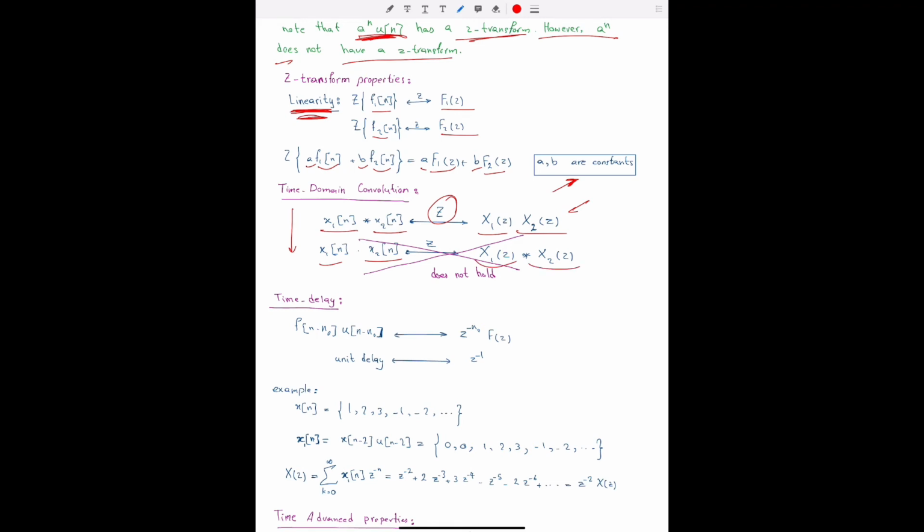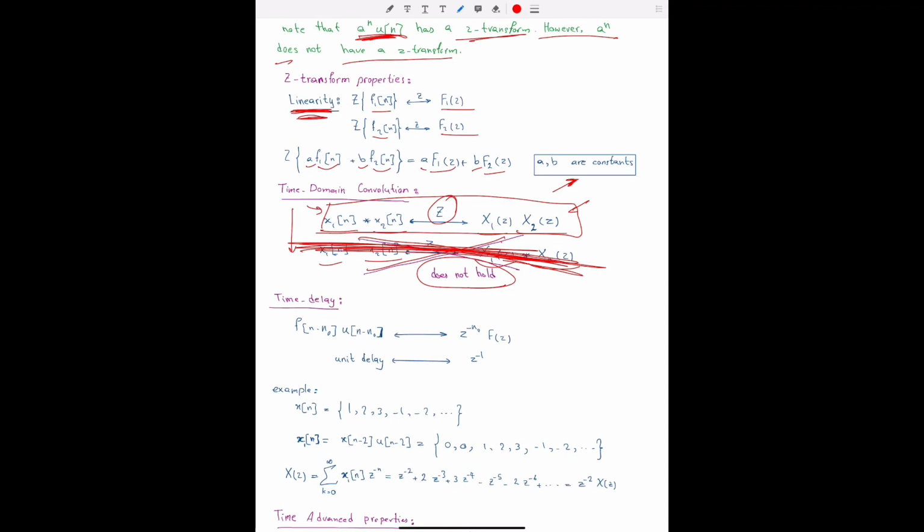We had this case in the Fourier transform, but it does not hold in the Z transform. The only thing that holds is the convolution property: the Z transform of the convolution of x1 of n and x2 of n is x1 of z multiplied by x2 of z.